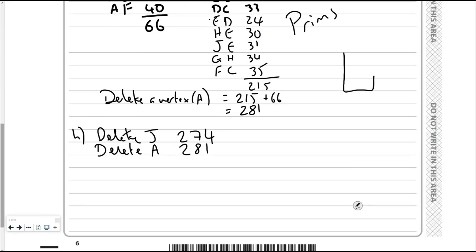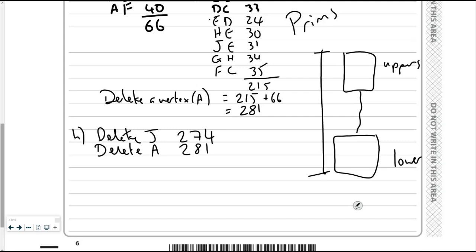So remember, the idea is you've got all these uppers and all the lowers. You don't want this massive gap between the smallest lower and the biggest upper. You want this little gap here. So I want the smallest upper and the biggest lower.